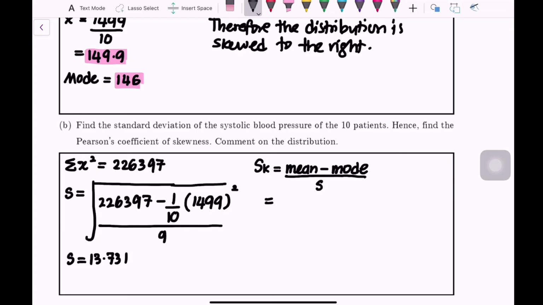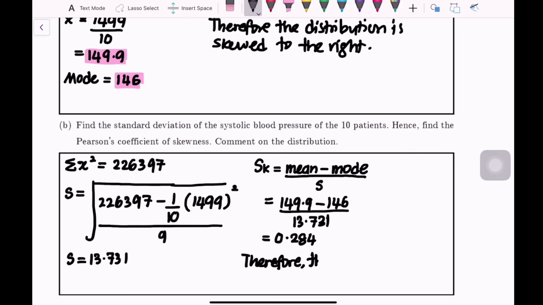So the mean is 149.9 minus the mode, 146, over the standard deviation, 13.731, and this is equal to 0.284. By referring to the table for SK, therefore, the distribution is skewed to the right.